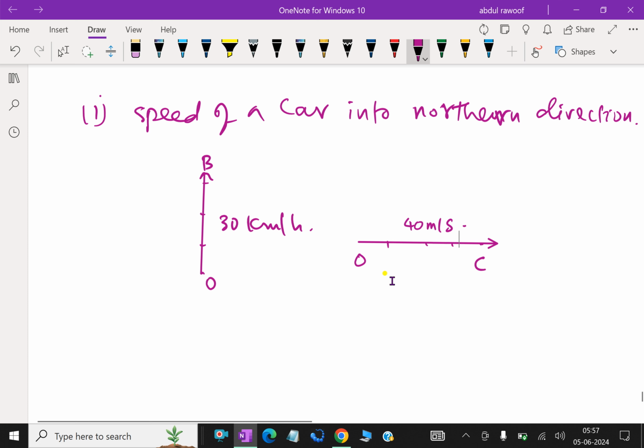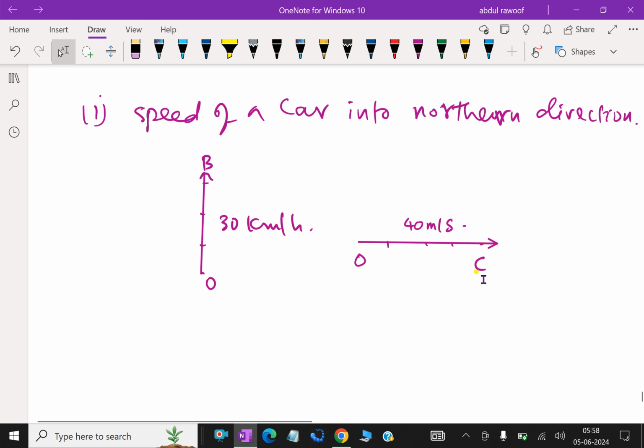So this is also a vector quantity. This is a vector quantity towards the northern direction, the speed of a car in the northern direction, and here the speed of some quantity in the eastern direction. So we can represent a vector with both magnitude and direction.